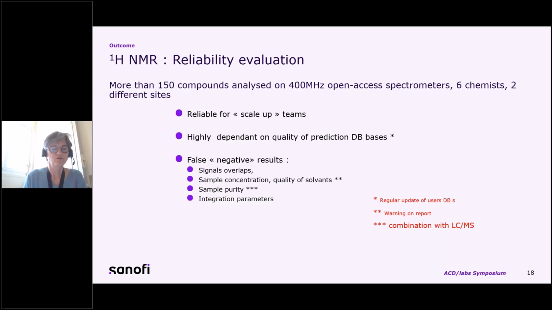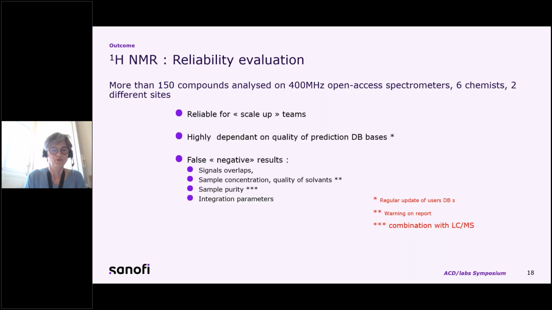We have quite some false negative results when we have overlapping signals, when the sample concentration is not good enough, or the quality of solvents. For the concentration, we have a warning on the report when the signal to noise is not good.